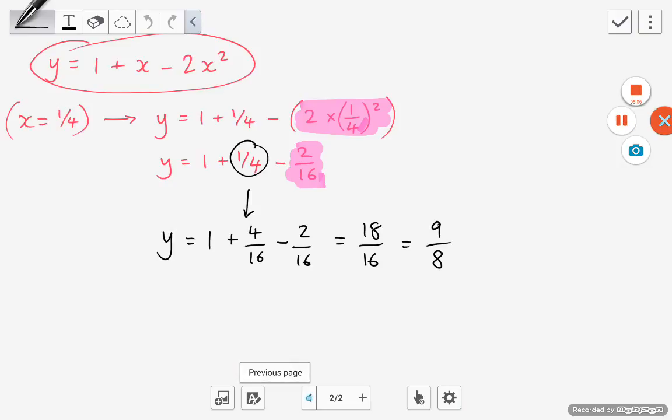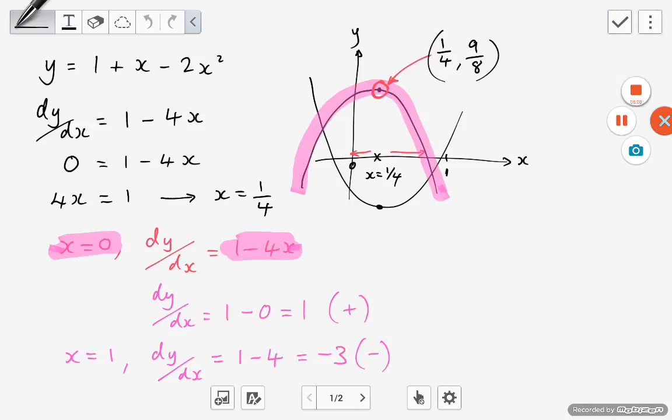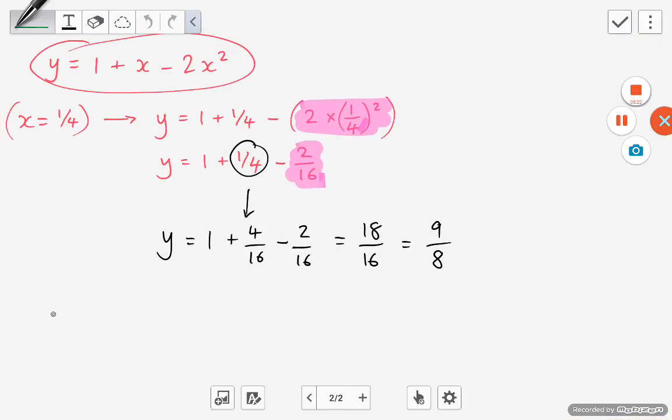Now what we can also do, let's look back at this original picture. We can also find where this curve crosses the y-axis. Now, wherever it crosses the y-axis, the x value must be 0. So, let's substitute when x equals 0 into the original equation.